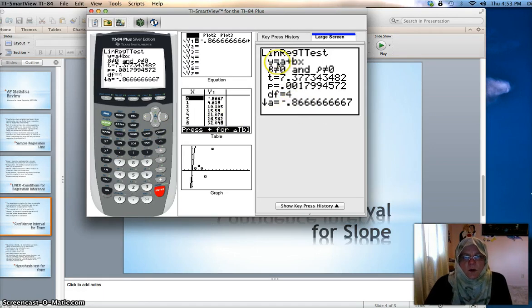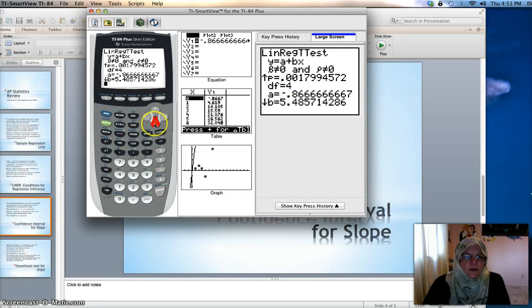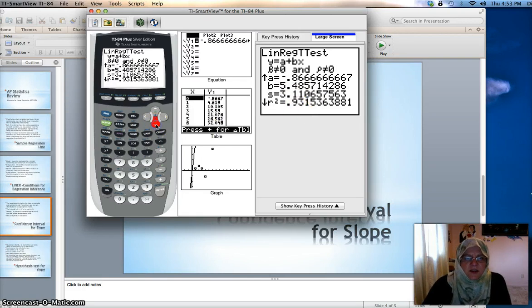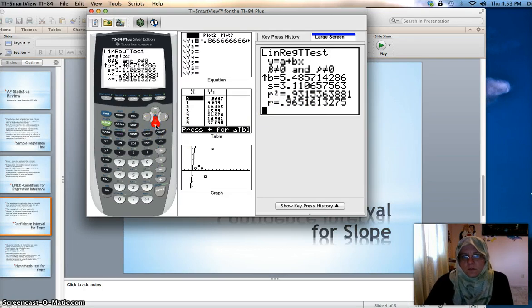So I can see that my y-intercept is negative 0.87, and the slope is 5.49. And this is the standard deviation of the residuals, so a typical residual is about 3.1. R squared is 0.93, not terrible. R equals 0.97, that's pretty good.